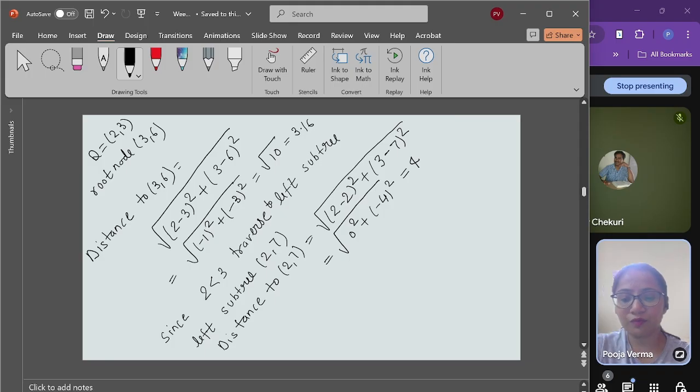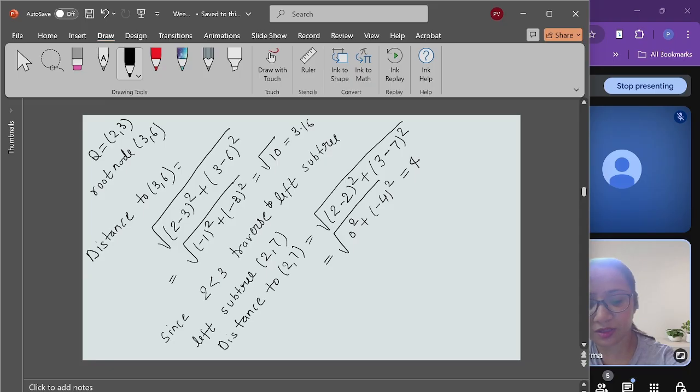Okay, so now we need to check the other nodes also. So we backtrack and check other branches also, whichever gets the lowest distance is the nearest neighbor to the query feature vector. Okay, so now we need to consider if any points in the right subtree of the original root 3 6 could be closer than the current best.